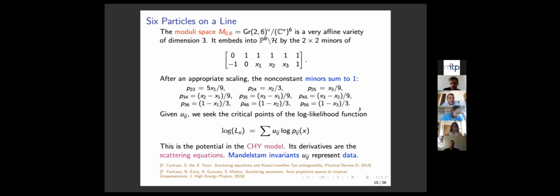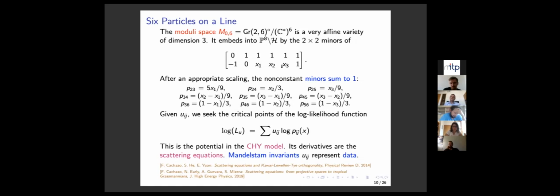Its derivatives are the scattering equations, and what we saw as data in statistics are the Mandelstam invariants. And the Mandelstam invariants here can be anything. If I use them on the whole 15 Plücker coordinates, then there are some linear relations that are supposed to be satisfied. But the way I set it up here, I can pick any 9 numbers u_ij. So this is my problem.